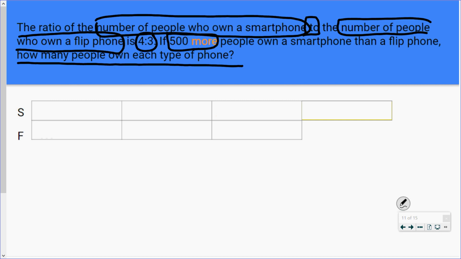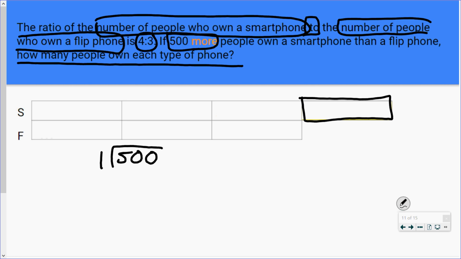All right, everybody, Kate is going to explain this one to us. Okay, so what did we do after we drew our tape diagram? Well, we're going to be focusing on the one extra. We're going to focus on this box, right? And so, like last time, we just divide the 500 more by that box, which is only 1.